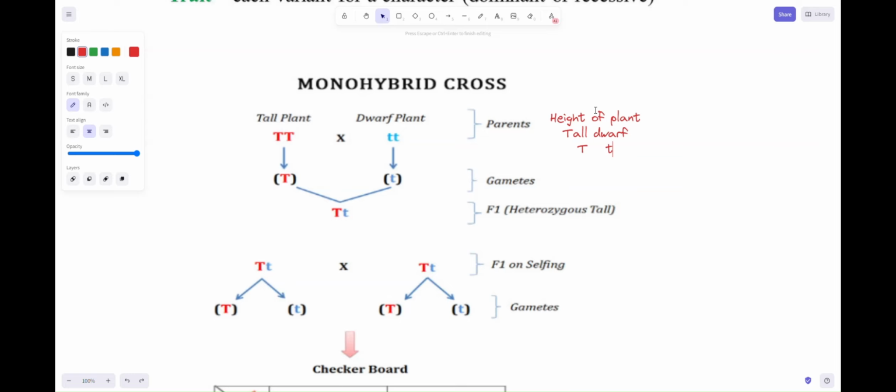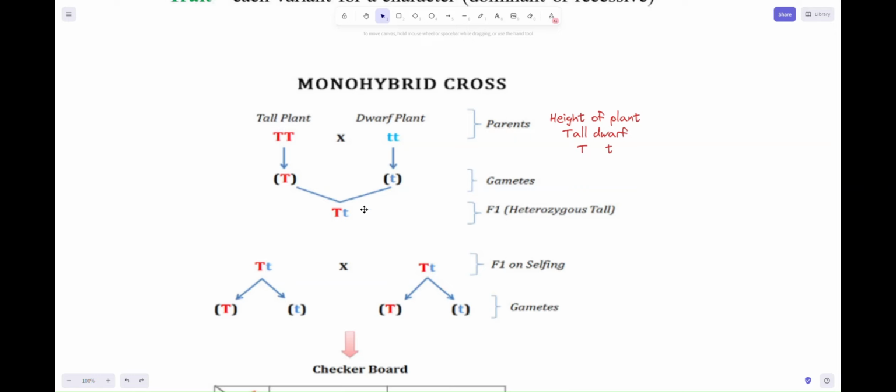Now two parent plants with homozygous condition are taken, you can see here, capital T capital T and small t small t. Gametes are formed, and after fertilization this is the offspring, which has capital T small t as the genotype.